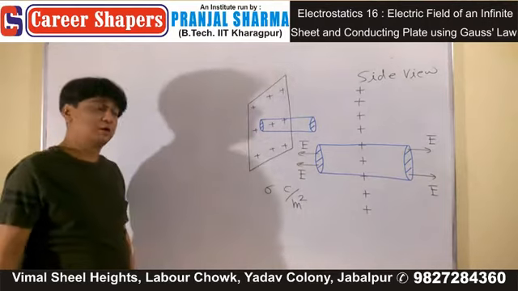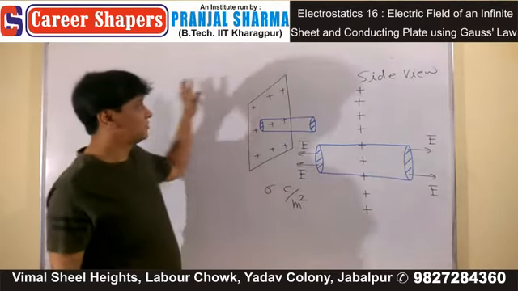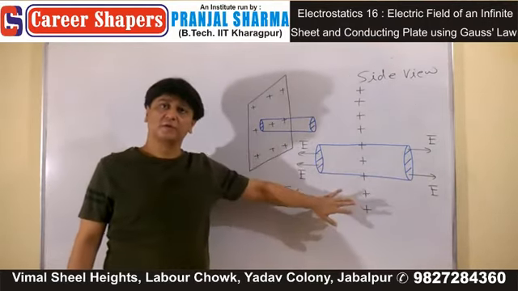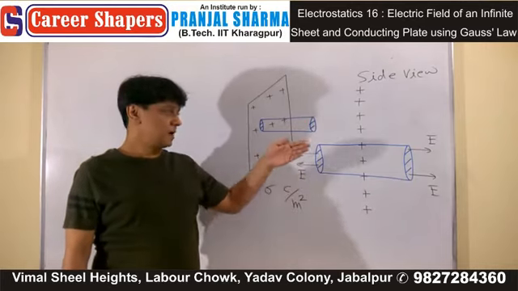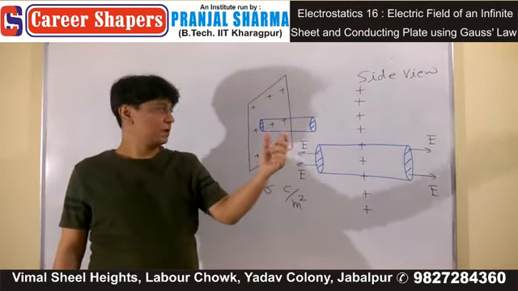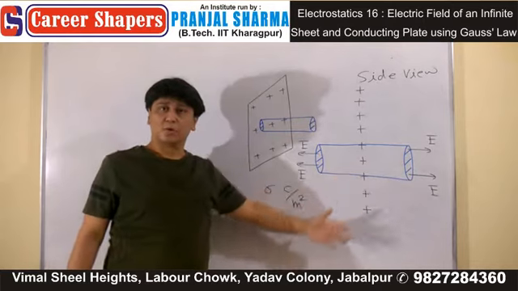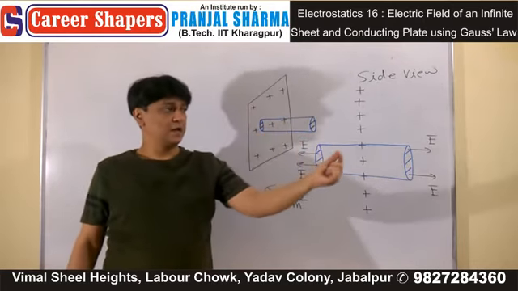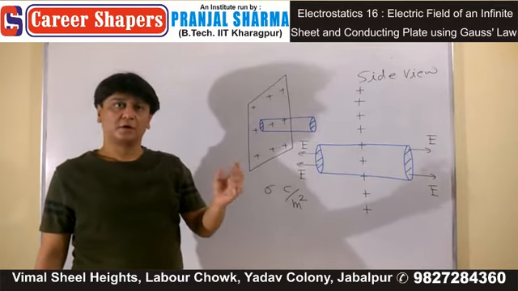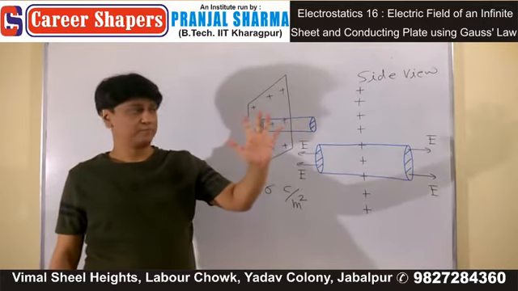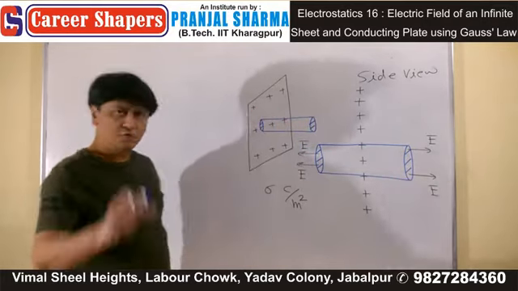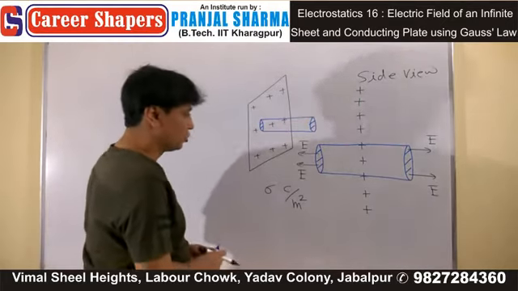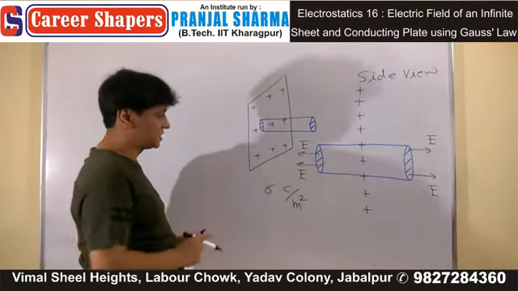What was the logic? That if this is the infinite sheet, then every point in front of this board is an identical point. All of them are the same. The reason you can go through the lecture which I gave you in the previous class.